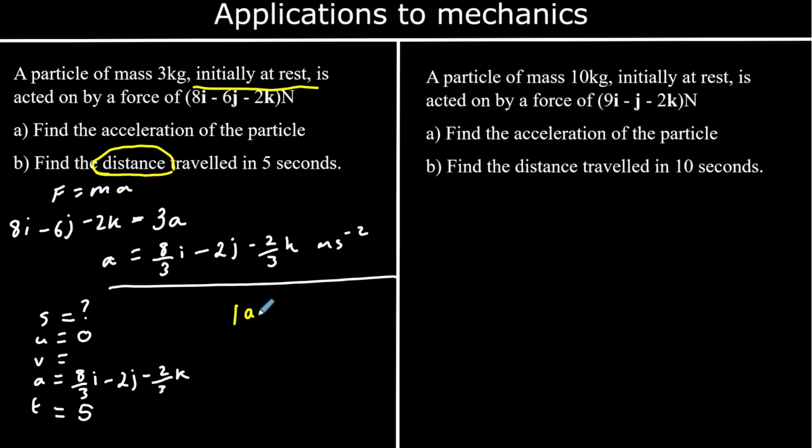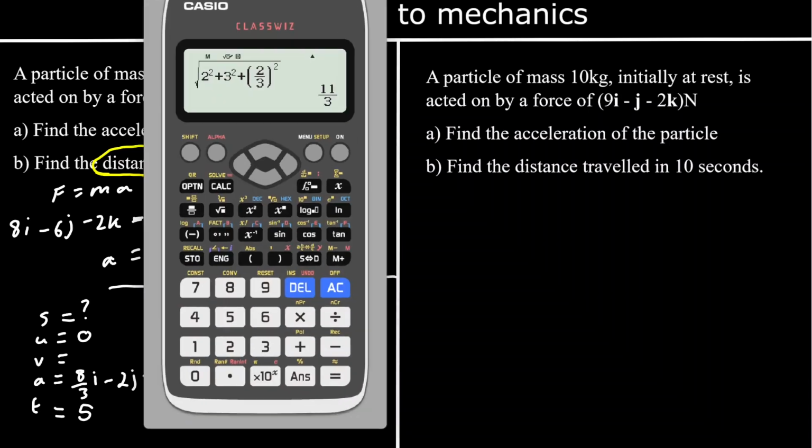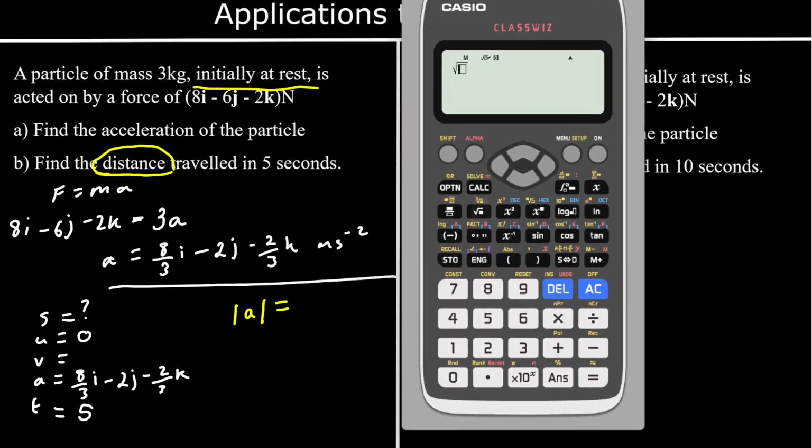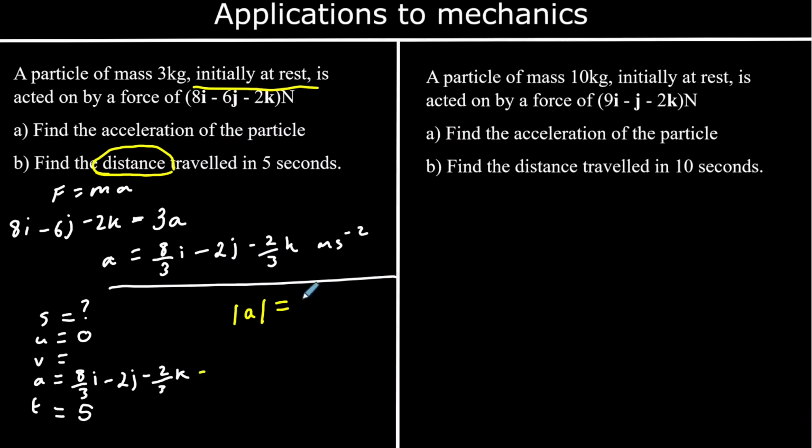So the magnitude of the acceleration is the square root of 8/3 squared plus 2 squared plus 2/3 squared. Again, the signs don't matter because we're squaring them. So 2 root 26 over 3. We'll use that as our acceleration in our calculation, which will make it a lot simpler.